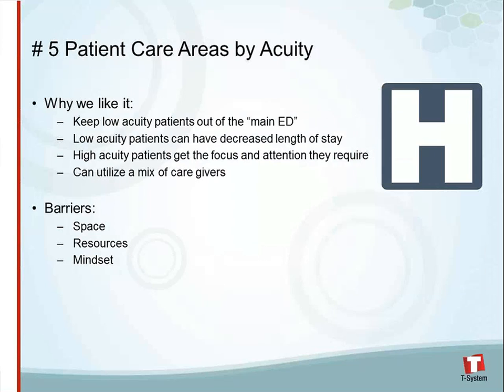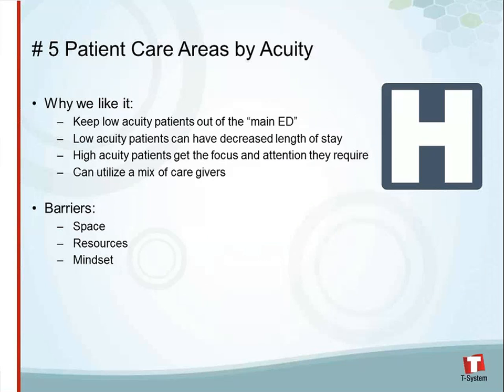Number 5, patient care areas by acuity. So we like to keep low acuity patients out of the main ED. If you don't need to lay down and you can sit in a chair, then perhaps we'll sit you in a chair. Why keep your lower acuity patients segmented? Put them in their own area. Maybe that's an area right off triage, or you can get real creative.